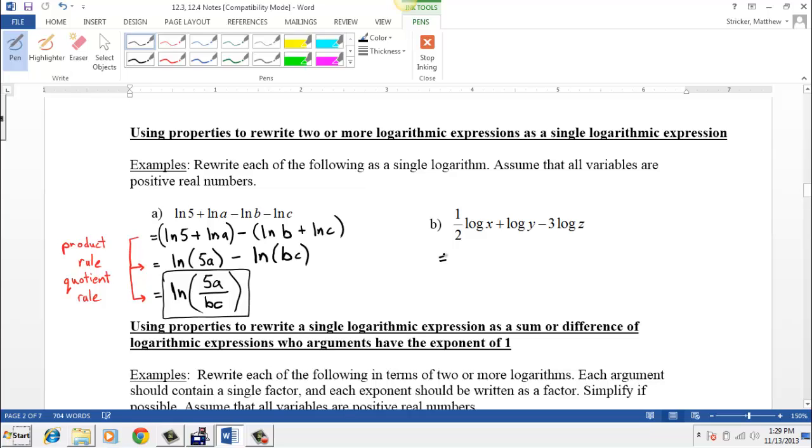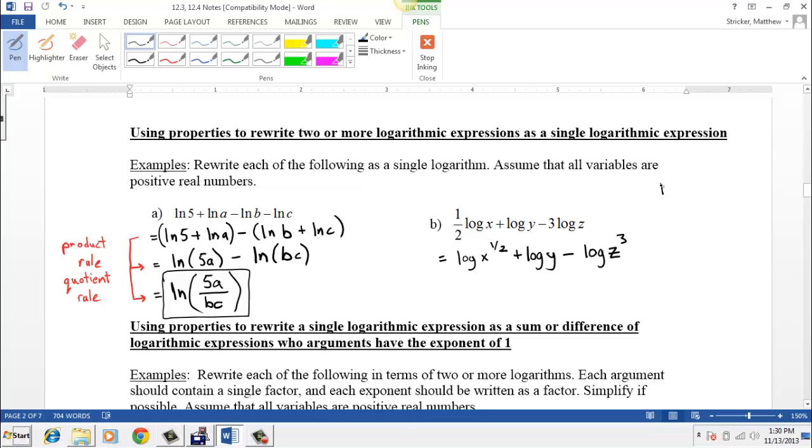First of all, let's go ahead and take this 1/2 and this 3 and move them to a power so we can apply the other properties. So we have log of x to the 1/2 power plus log y minus log of z to the 3rd power.